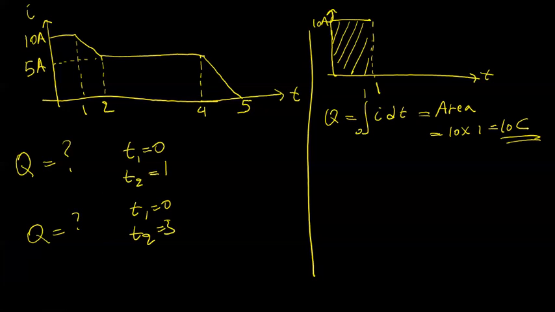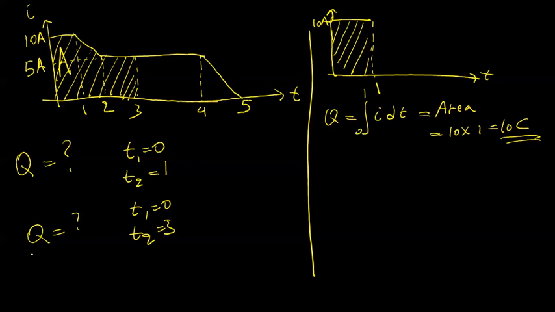In the second case, we're asked to find Q between 0 and 3. So 3 is somewhere here. So we are asked to find this area. In this case, if you see, there are 4 areas. So the first one is this area.